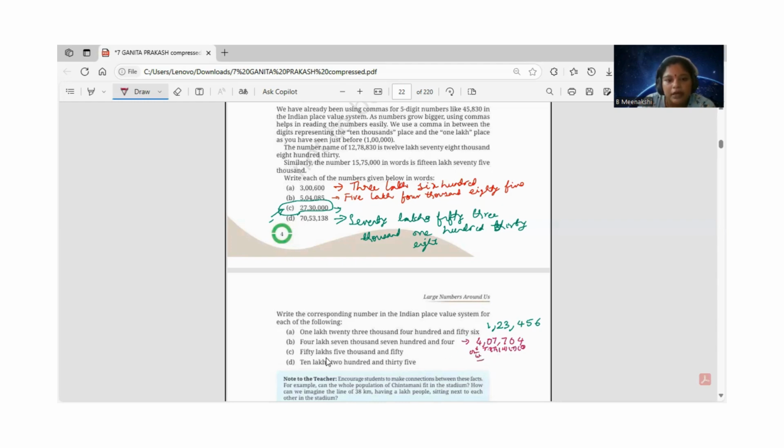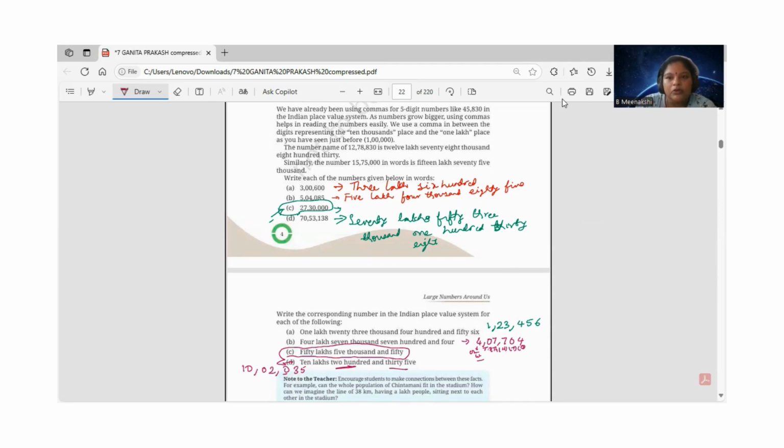And the C part I will give to you. You please fill it. And the D part answer is 10 lakh 2,035. Yes, you'll write 0, 2 and 35 only is given. So there should be a 0 in the hundreds place. If you don't write this 0, it will be wrong.